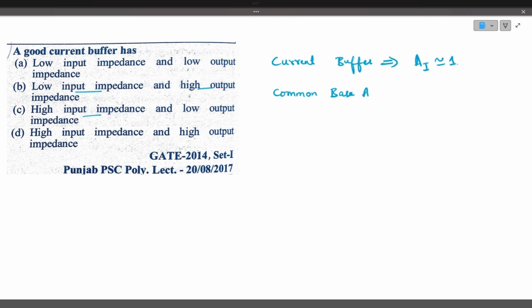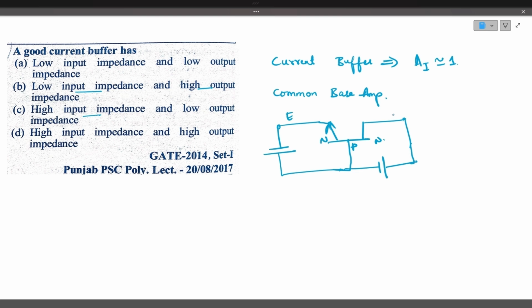Common base amplifier. If you see the common base amplifier, this is the emitter, this is the NPN transistor, this is the collector. Output junction is reverse biased, input junction is forward biased. The input current is the emitter current, the output current is the collector current.